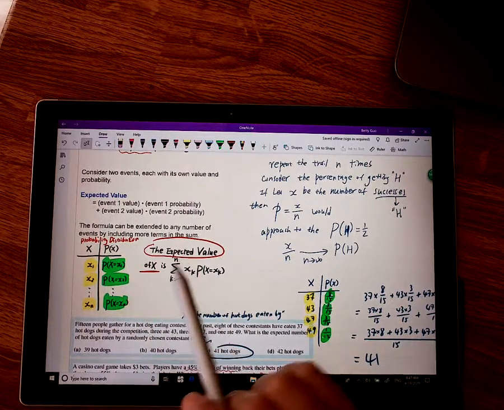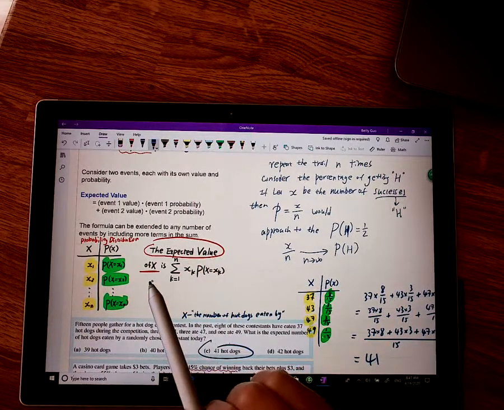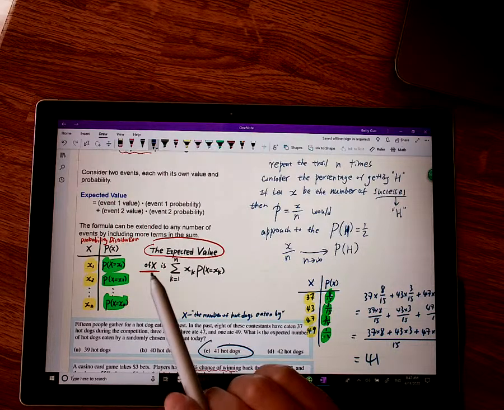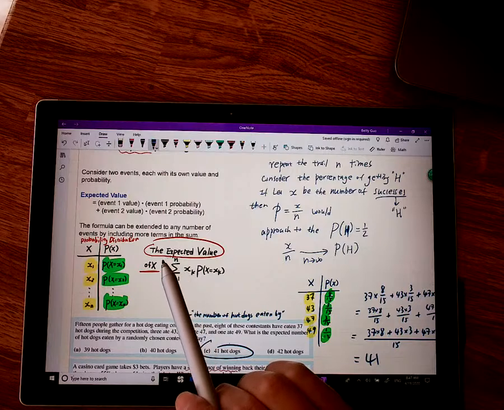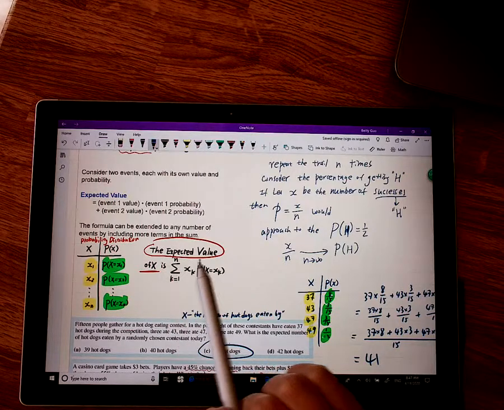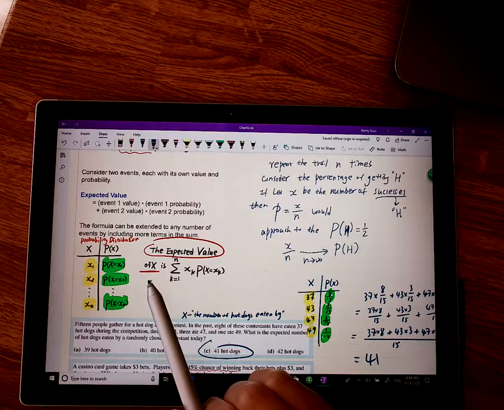In order to find the expected value, the random variable is brought in to numericalize the experiment's results. And I showed you in previous videos the formula to find the expected value of the random variable x.